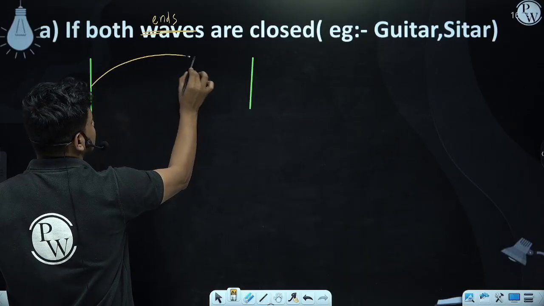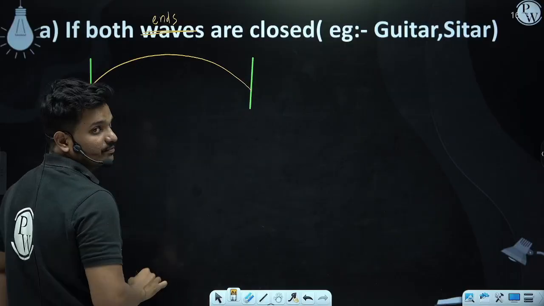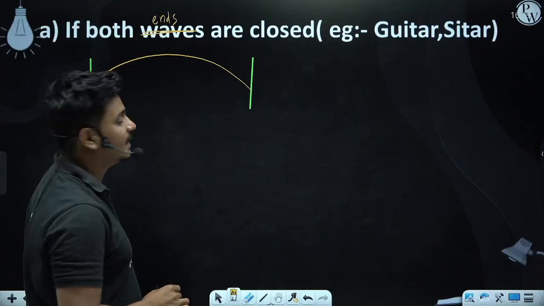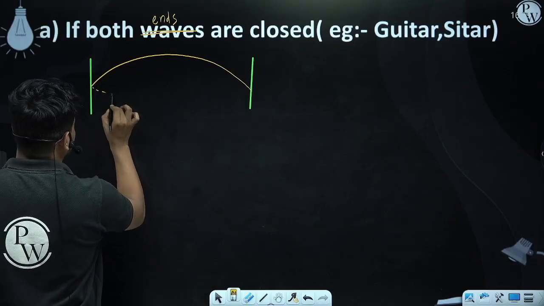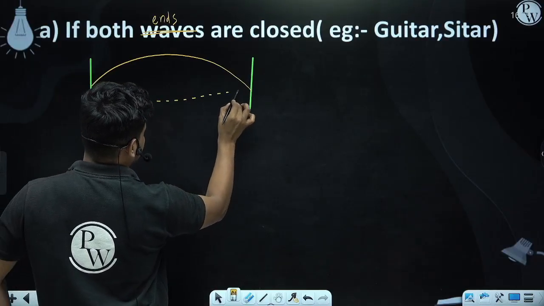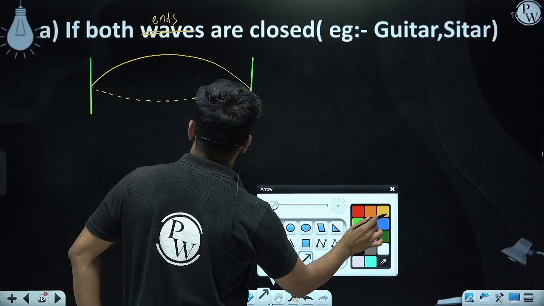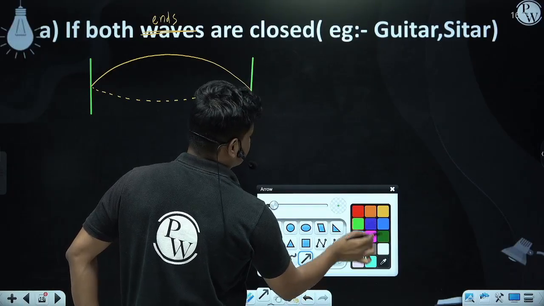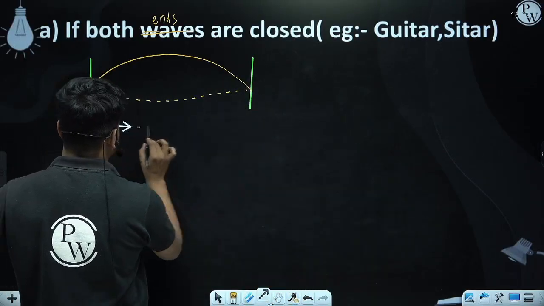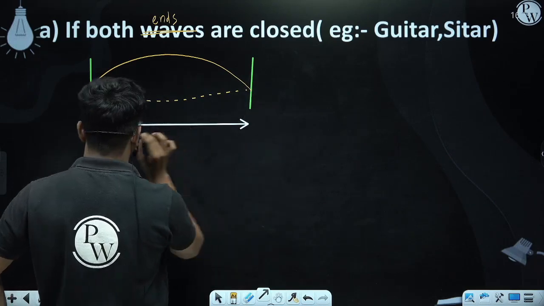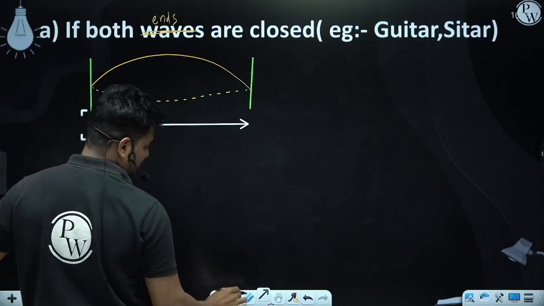How to draw like that? This is the maximum wavelength. Okay, in here. So next time we get like that. And this is the length of that instrument, guitar or sitar.